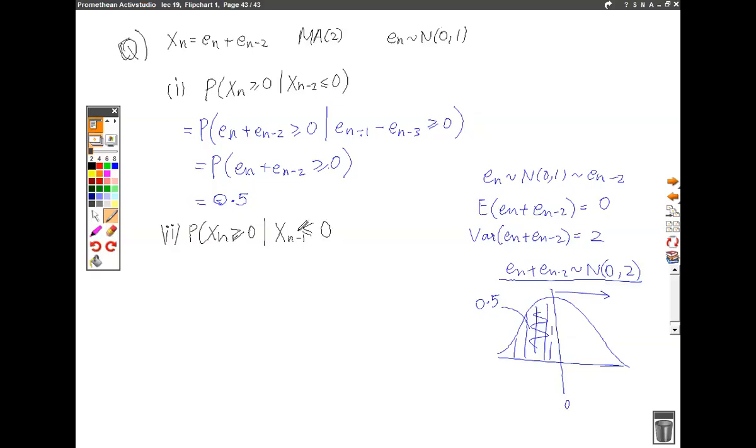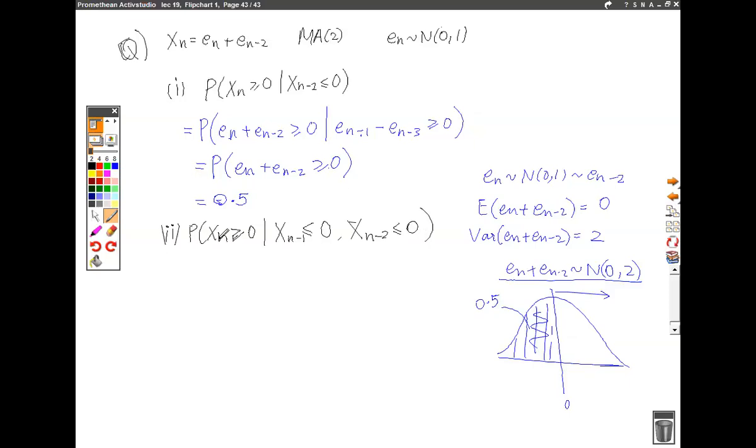So this is as it is from the previous case, but now we are given additional information about xn−2, which is again less than or equal to 0. And now we are trying to figure out what will happen to the answer.